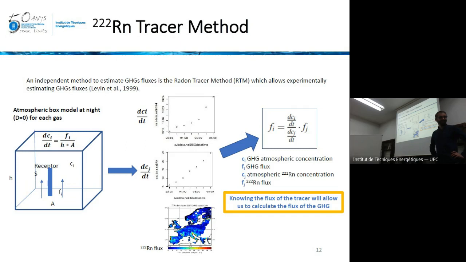So even if you use it only at night, if you are able to validate the CO2 flux and you are modeling with other tools at night, you can assume that your model is working. That's why you don't have to think that the RTM is the solution. It's just an additional tool.